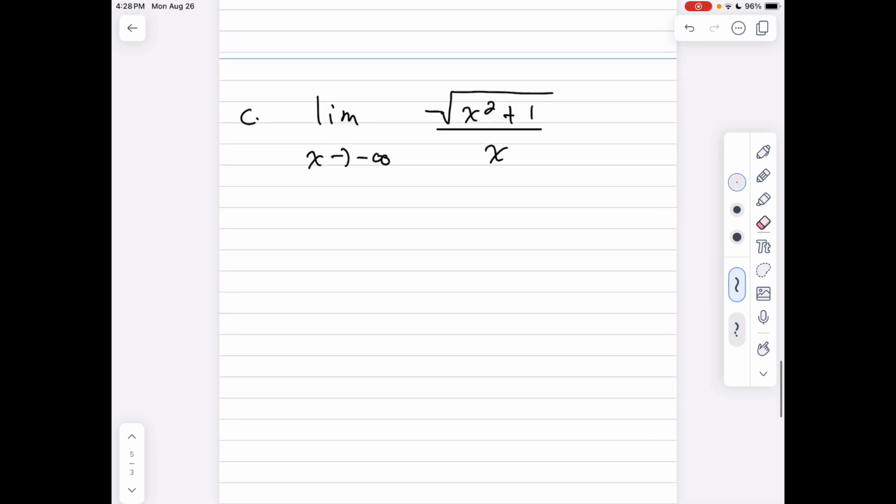Now, what is the highest, quote-unquote, power? Let's divide by what the highest power would be here. For the numerator, the highest power would be x, because it's not 2, since you're taking the square root of x squared, which is like halving the exponent, so it's just x. And for the denominator, it's x as well. That's the only thing we have.